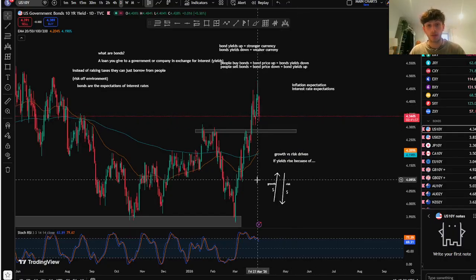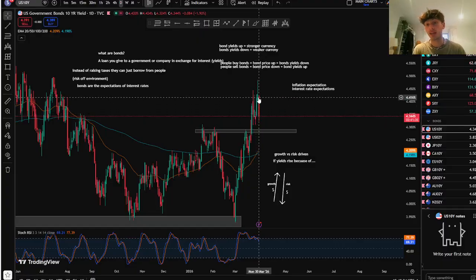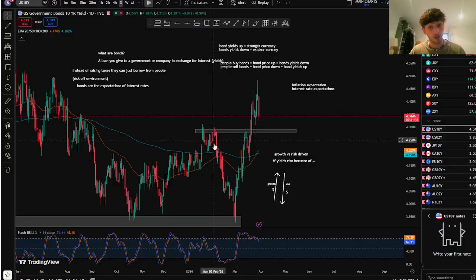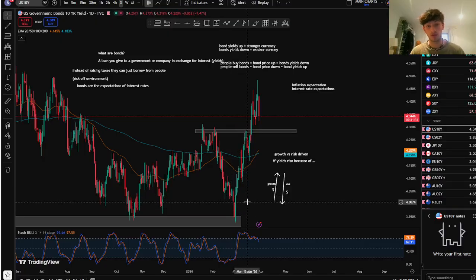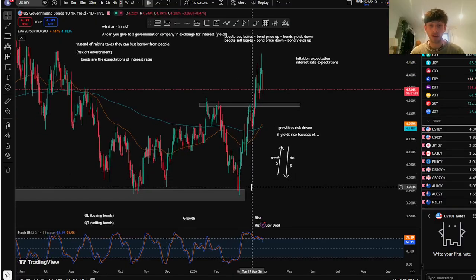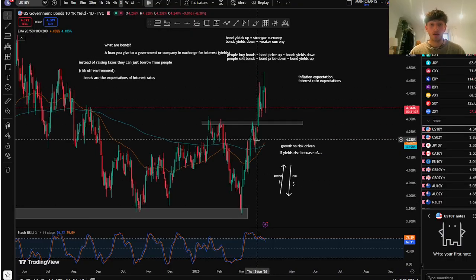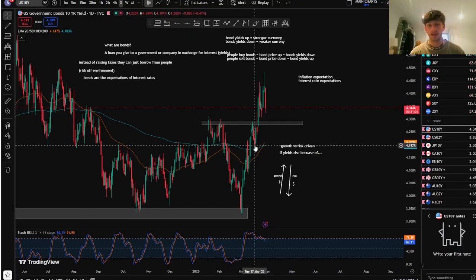The fact is when bond yields are going up, that means people are selling bonds. And when bond yields are coming down, people are actually buying bonds. Why is this? Well, first of all, when people are selling their government bonds, the government wants to increase yields, okay?